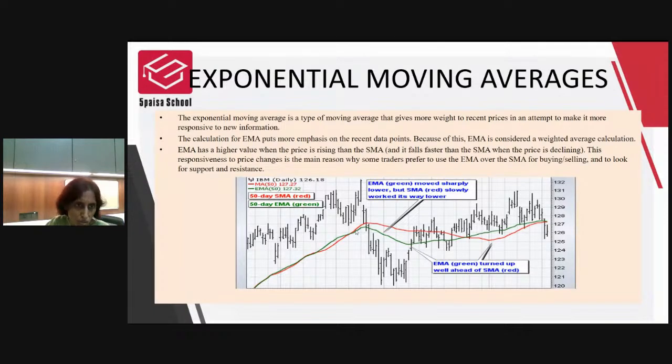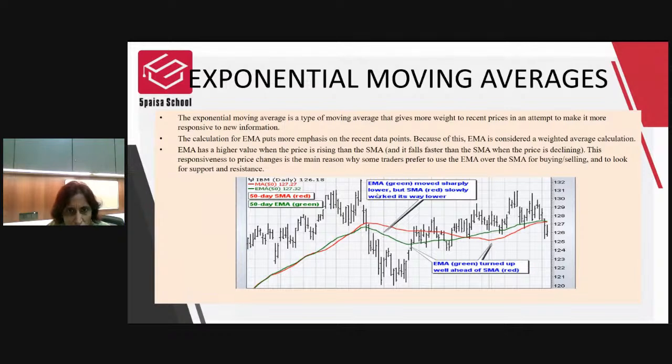EMA has a higher value when the price is rising than the SMA. In this case, EMA is represented by the green color and the SMA, the simple moving average, is expressed by the red color.